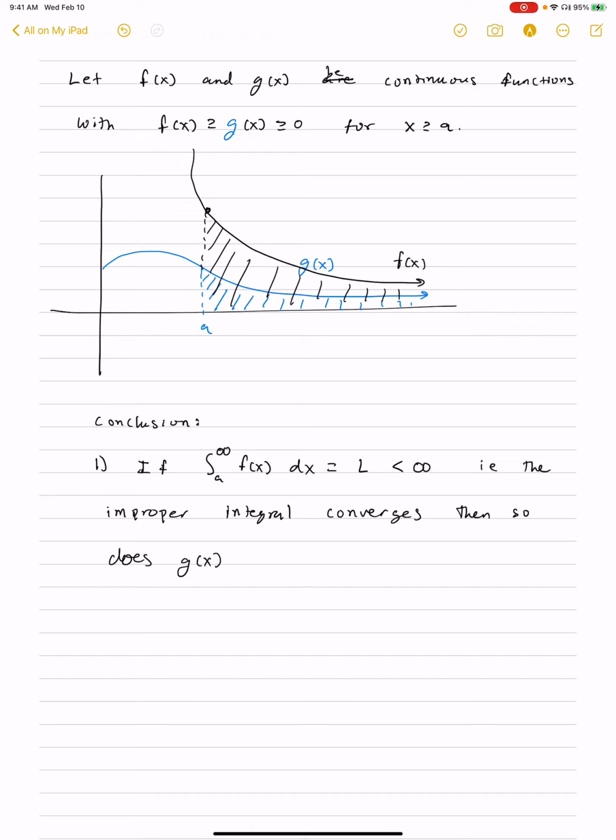And you don't even need to compute the value of the limit of g of x, or the improper integral of g of x.